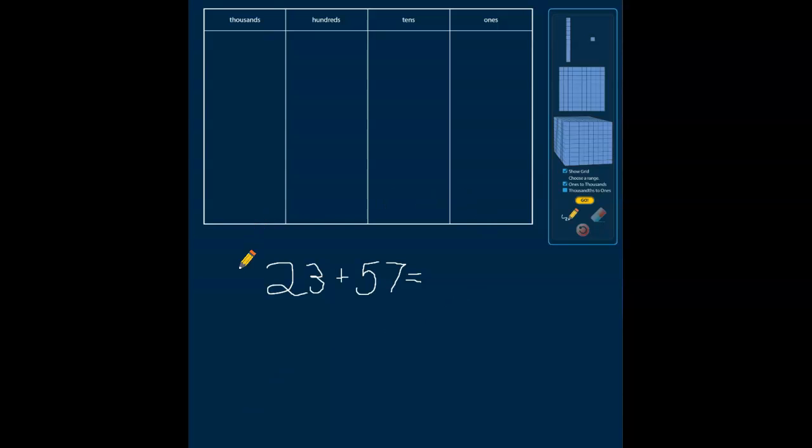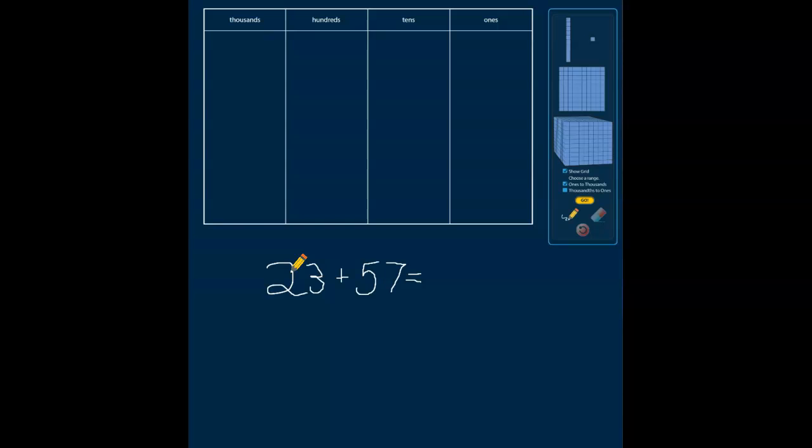Okay, for this equation, I have 2 addends, 23 and 57. This time my lower addend is over here and my larger addend is over here. Could I move them around? When I am adding 2 numbers, can I move them? Do I have to do 23 plus 57, or could I do 57 plus 23?